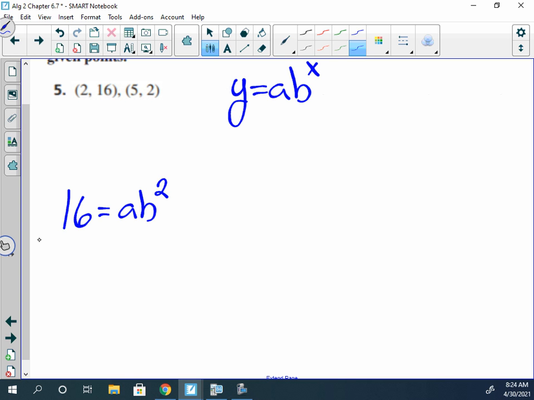Then we also have when x is 5, y is 2, so 2 is equal to a times b to the 5th. These 2 points lie on the graph of this exponential equation, and we want to find out what it is.